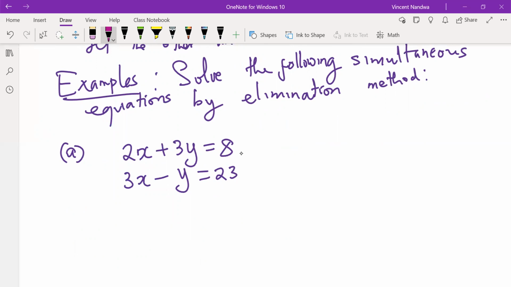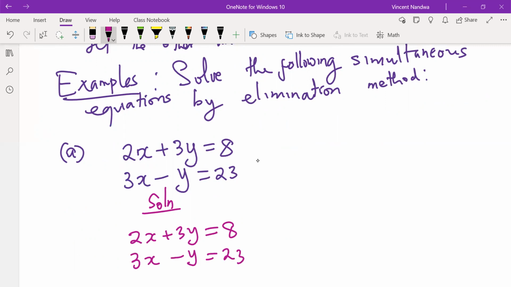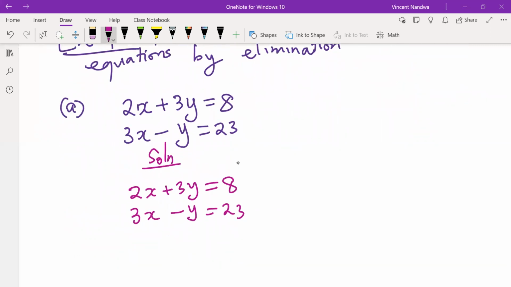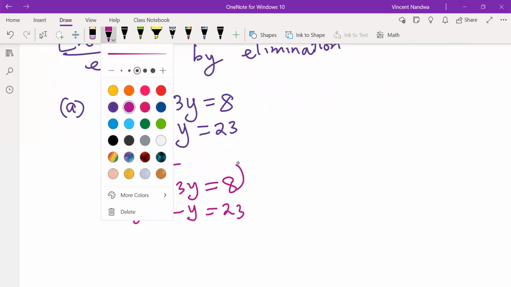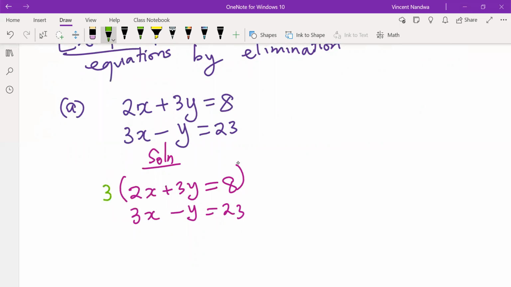Now, if we decide to eliminate x, then we are going to write 2x plus 3y equals 8 and 3x minus y equals 23. So we pick the coefficient of x in the lower equation multiplied by the first equation, and pick the coefficient of x in the first equation multiplied by the second equation.